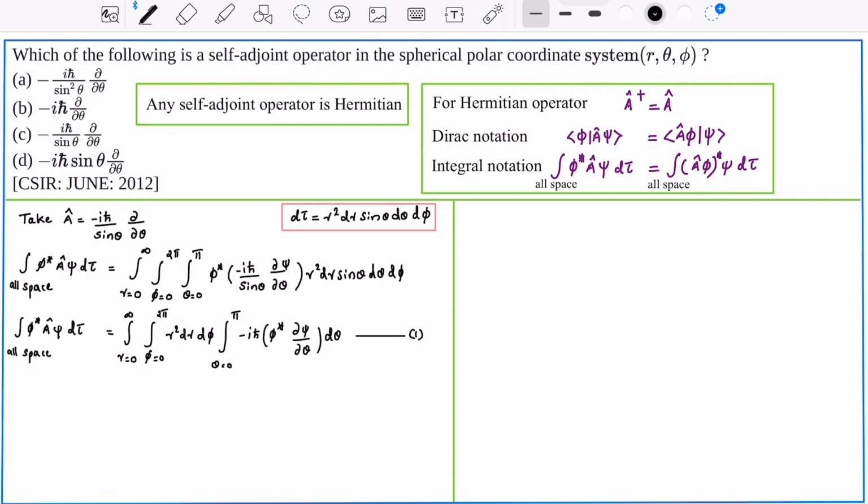Now we have to evaluate the last integral, integral 0 to pi of minus i h bar phi star dou psi by dou theta d theta.